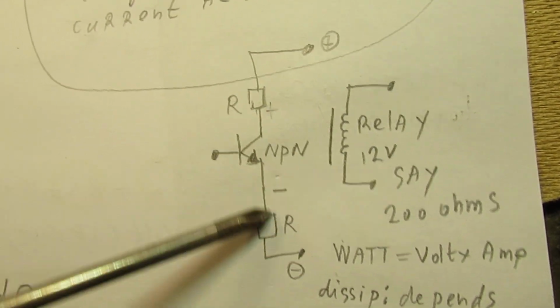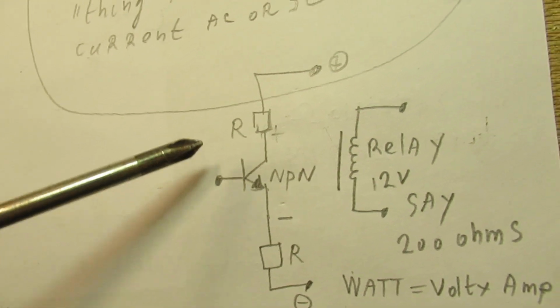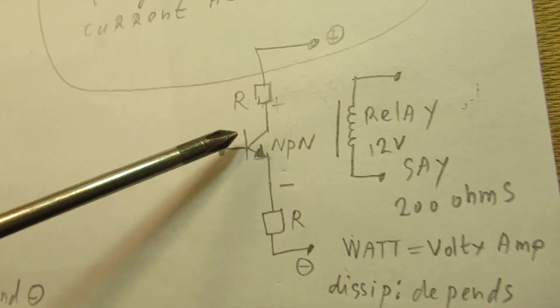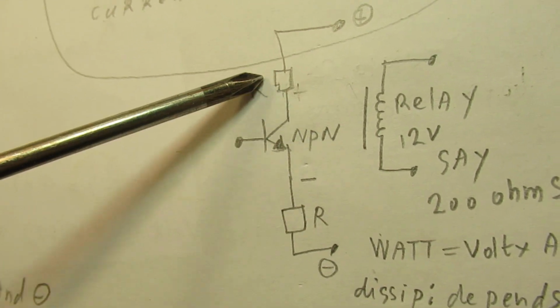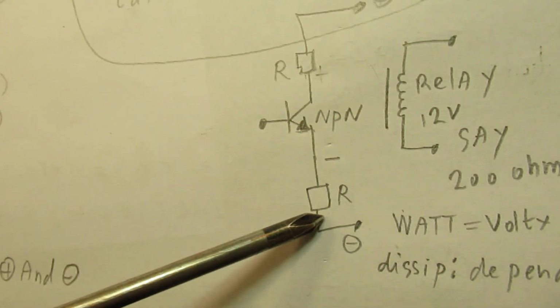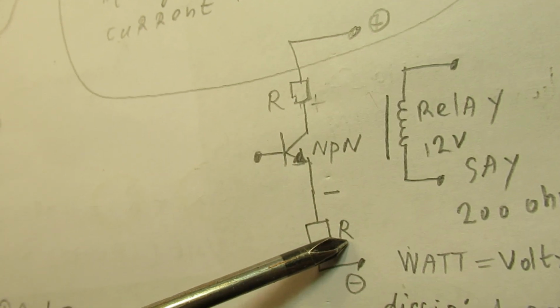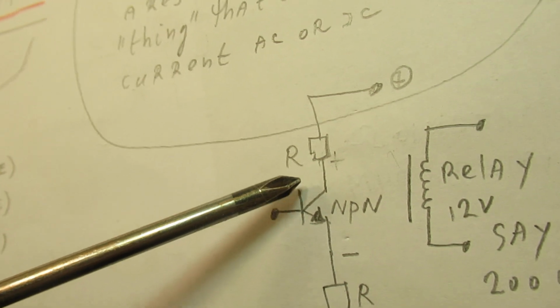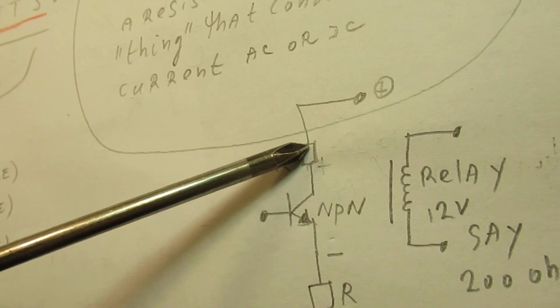How much current is flowing here? You can easily calculate it by using Ohm's law. You can also calculate the dissipation that you can expect in terms of watts.